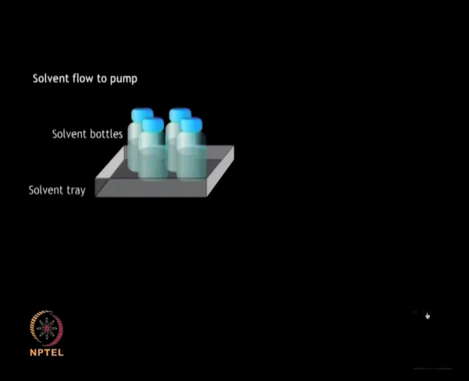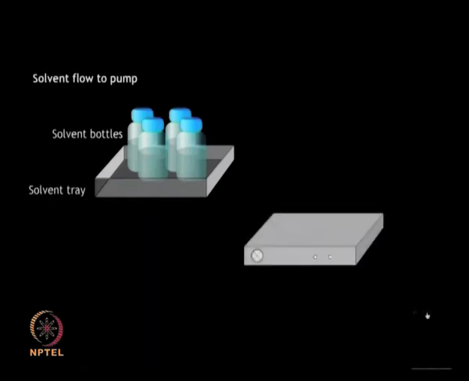A typical liquid chromatography setup consists of solvent bottles, degasifier, dual or quaternary pumps, sample injector, column and detectors. Here you can see the various components which are involved in performing liquid chromatography.